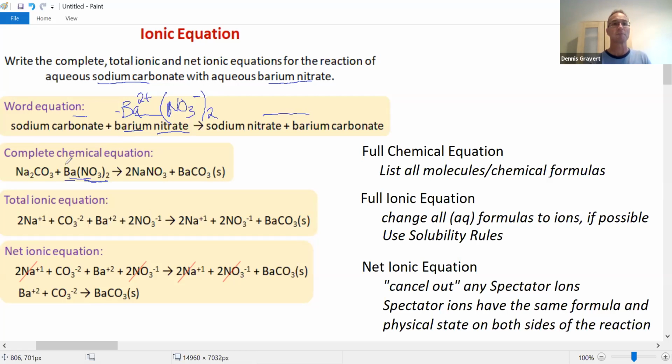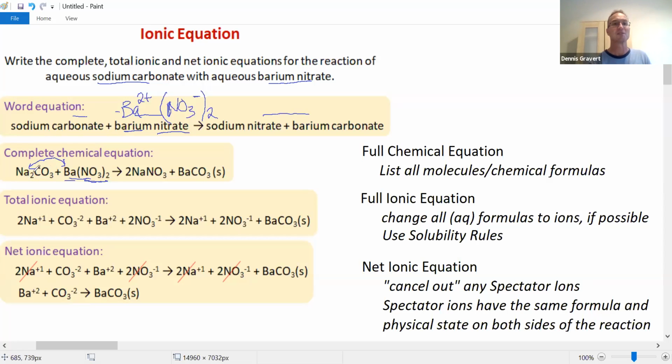And then let's swap the cations. So switch the barium, switch the sodium. Instead of sodium sticking to the carbonate, let's have sodium stick to the nitrate. And at the same time, barium, leave nitrate behind and go stick to carbonate. And that's when you switch 2 items, 1 from each reagent, swapping those cations, that's a double displacement reaction.